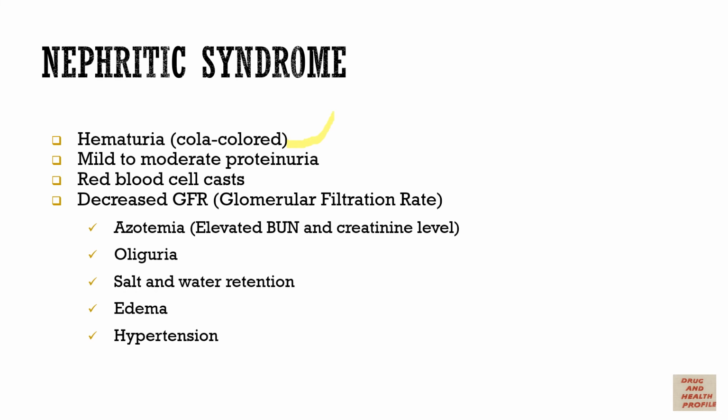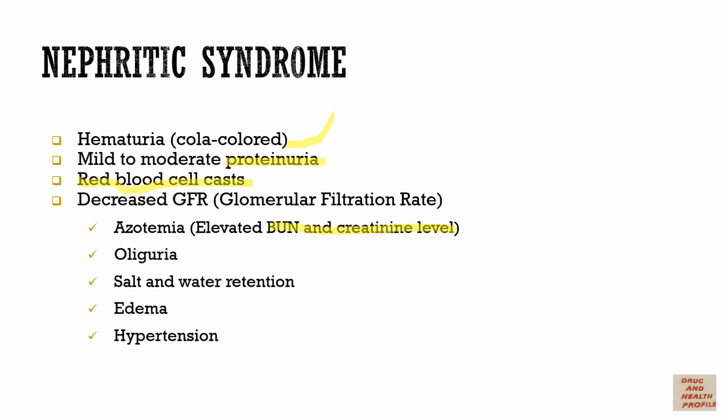There will also be mild to moderate proteinuria, and of course there will be red blood cell casts. And there will be also a decreased GFR or glomerular filtration rate, and hence there will be an elevated level of blood urea nitrogen and creatinine levels.